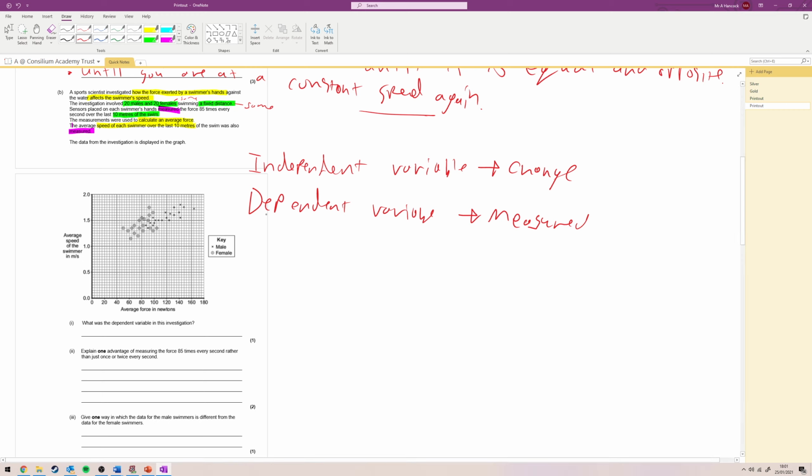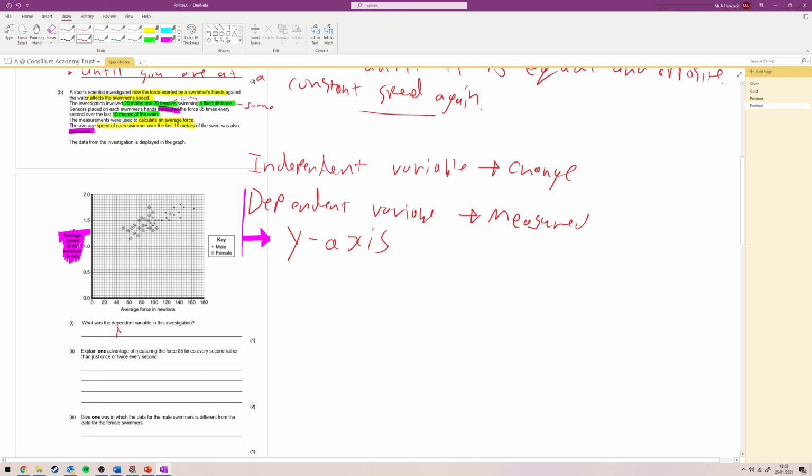The easiest way to figure this out, because this is quite a complicated one, right? The dependent variable will always be on the y-axis. So if you get your highlighter and you just highlight this one, that there will be your dependent variable.